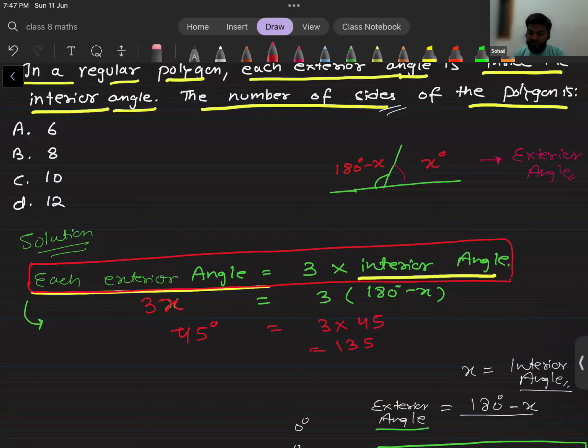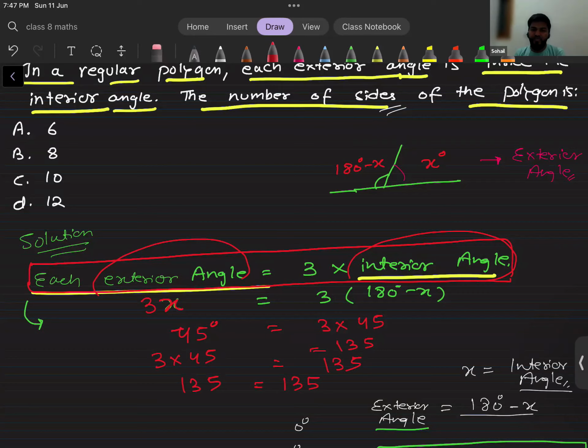So instead of multiplying 3 with the interior angle here, we will multiply 3 with the exterior angle, because on LHS and RHS both the values have to be the same. So it is going to be 3 multiplied by 45 equals, because the interior angle is already 135. So in that case 135 is equal to 135. Getting what I'm trying to make sense of here?